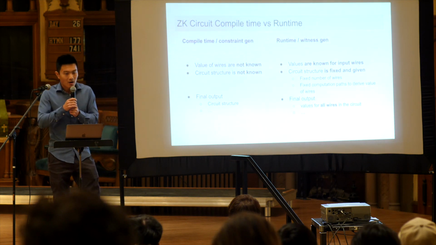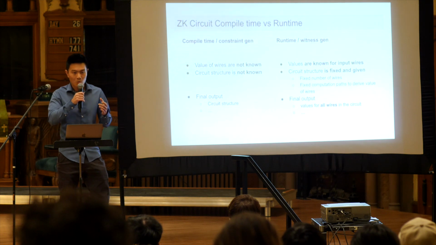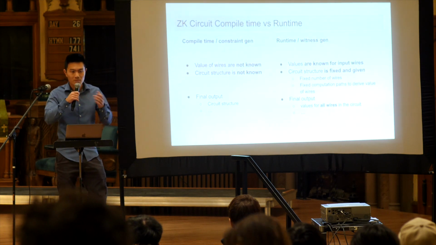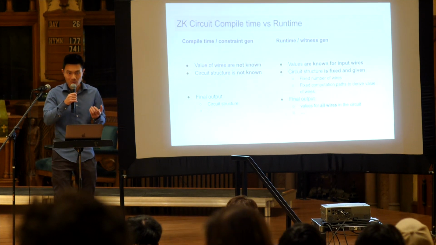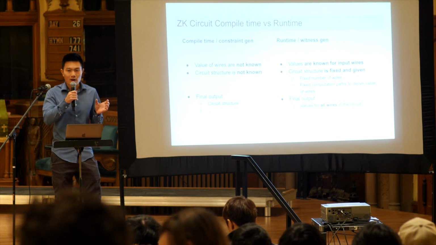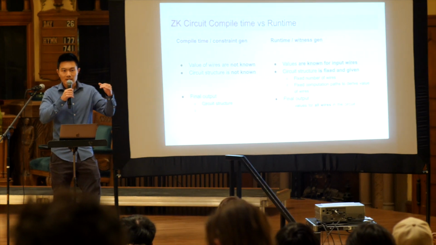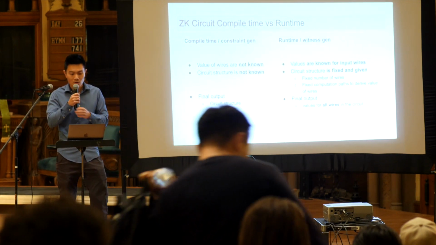And there's a notion of circuit runtime, meaning once you fix a circuit and have the input, how do I derive the value for all the wires so that I can get to proving? So back to the previous example, the output wire that's the inverse of the input is derived during witness generation time. It's derived during runtime.